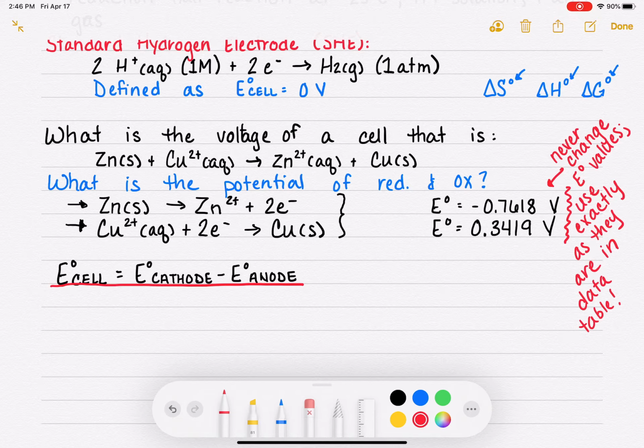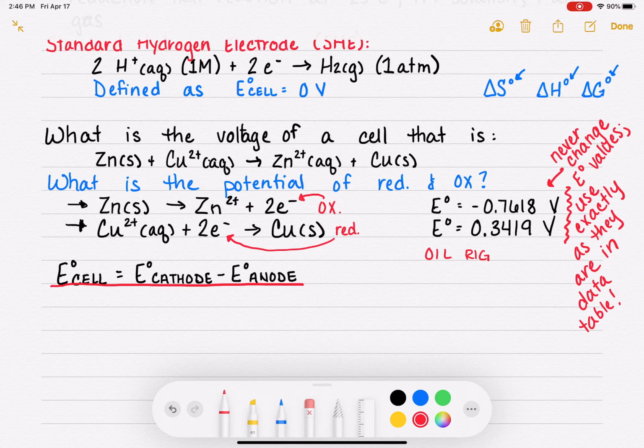Let's use oil rig as our trick. Oxidation is loss. Oxidation is where electrons are being lost and produced by the reaction. So this first reaction is our oxidation because electrons are being produced. Reduction is gain. Reduction is where we are adding electrons.